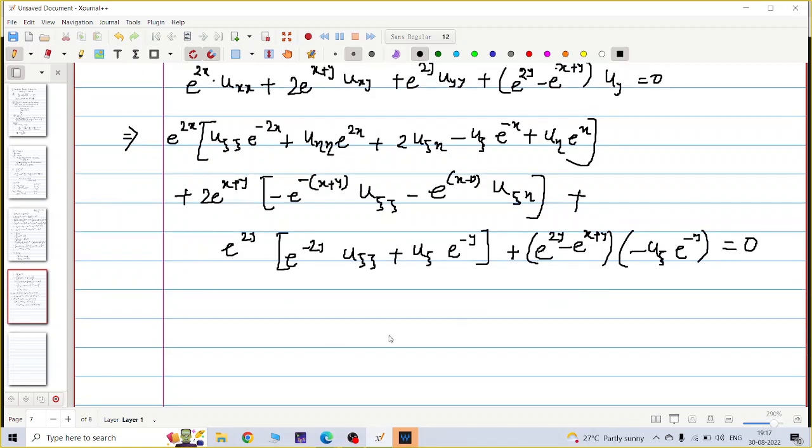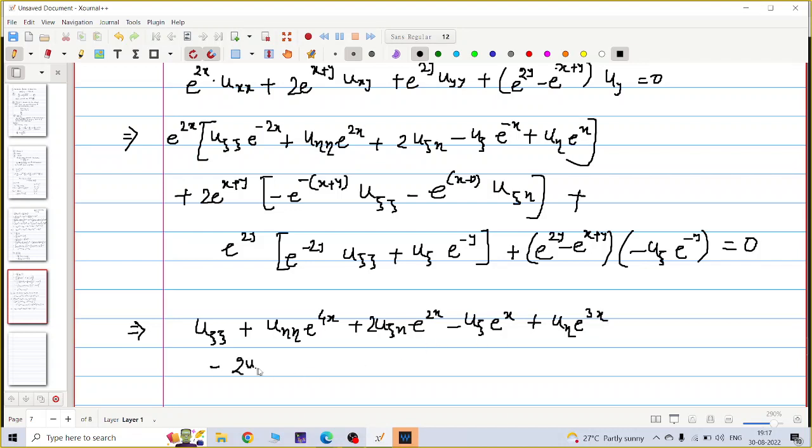So you have to calculate this. Just multiply. And you got u_xi xi plus u_eta eta e power 4x plus 2 u_xi eta e power 2x minus u_xi e power x plus u_eta e power 3x, minus 2 u_xi xi minus 2 e power 2x u_xi eta plus u_xi xi, plus u_xi e power y minus u_xi e power y plus u_xi e power x plus y minus x, equal to 0.